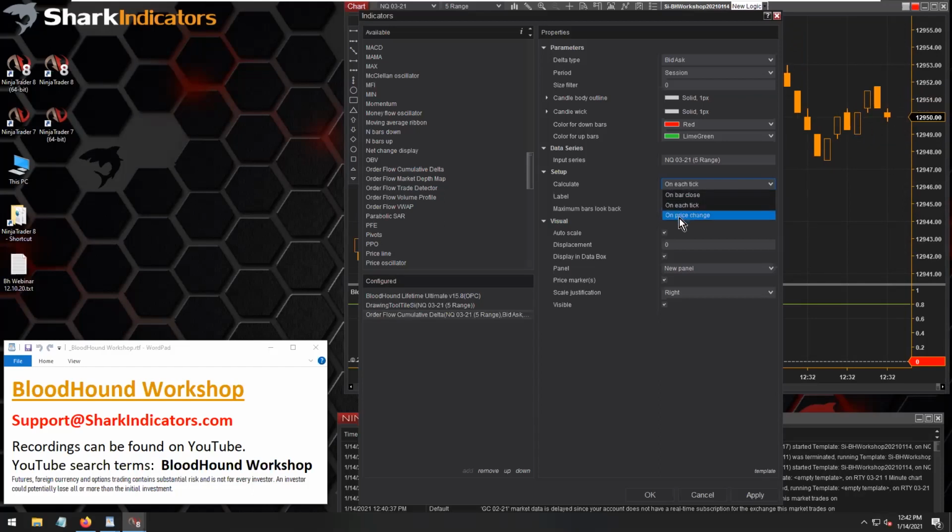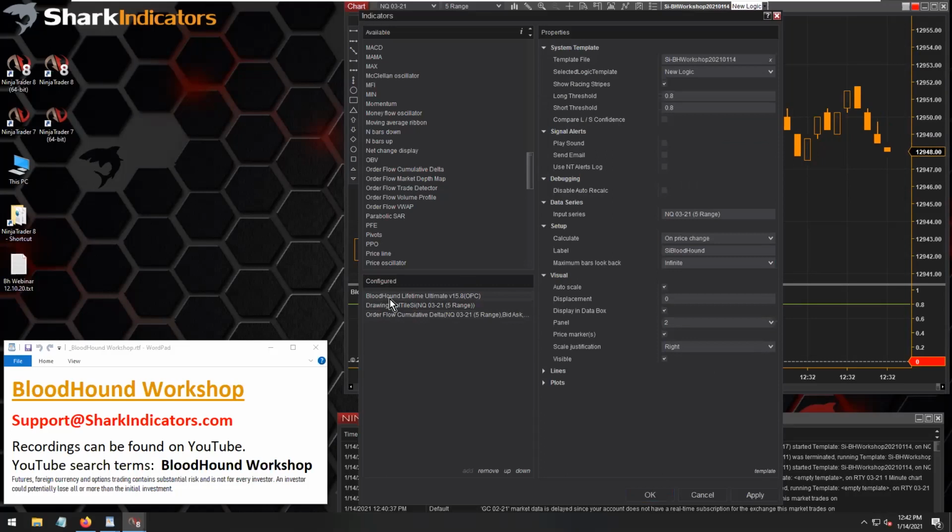So just take note that order flow type of indicators require calculate on each tick. And so that means we need to take BloodHound and set BloodHound to operate on each tick as well.